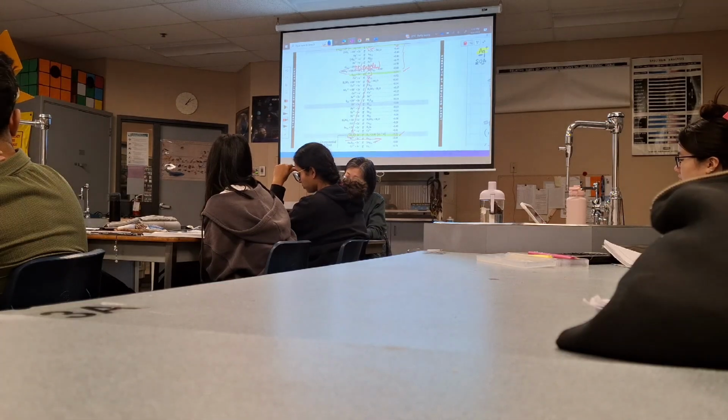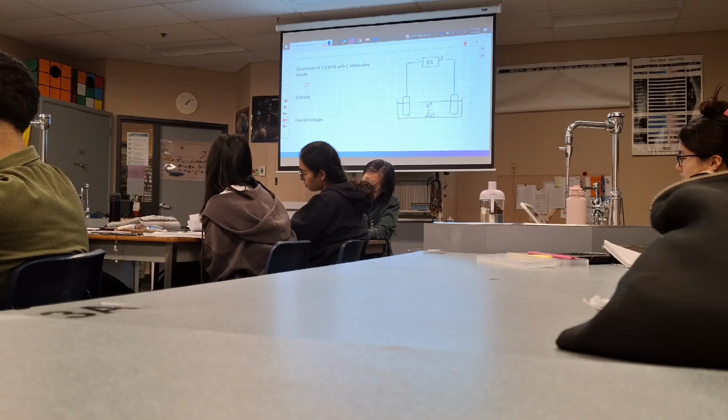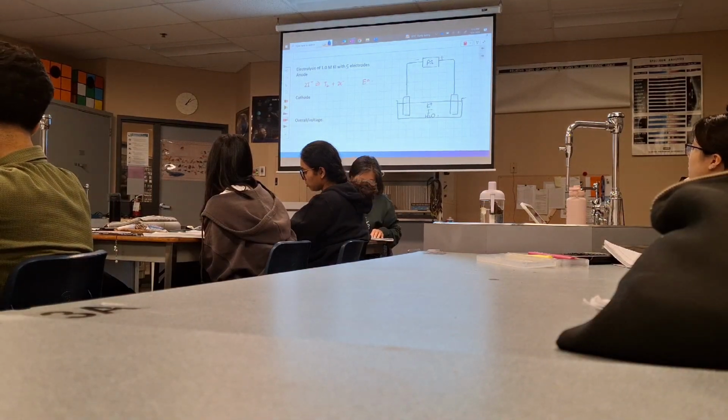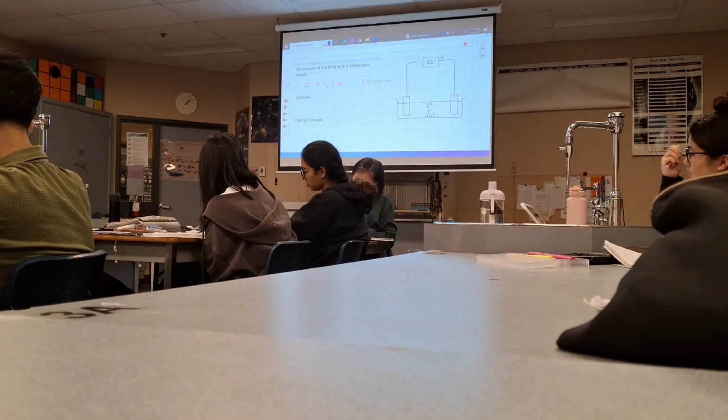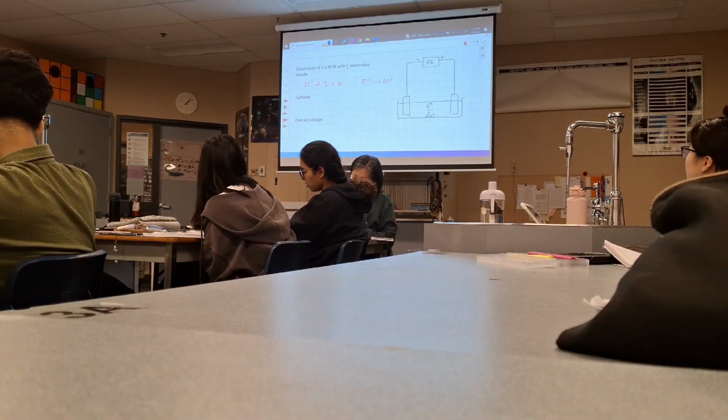So therefore, if I go back into my equation, my anode reaction is going to be 2I⁻ giving me I₂ plus 2 electrons, and my E° over here is going to be negative 0.54 volts.